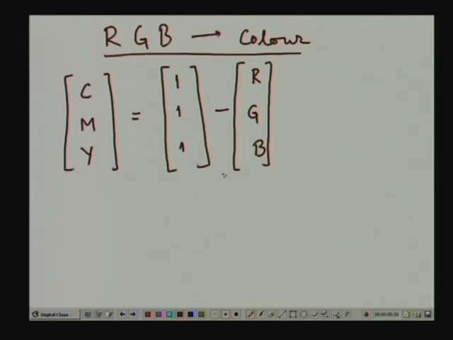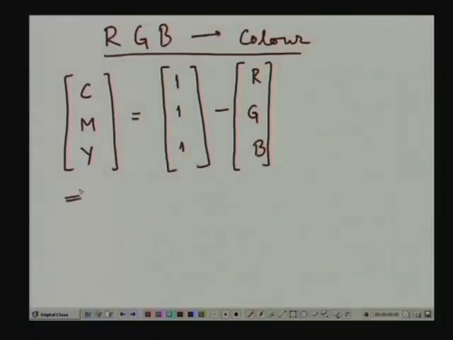As we said earlier, equal amounts of cyan, magenta and yellow should give us black color. So, if we mix these three pigment primaries in equal proportion, we should get black. But in practice what we get is not a pure black, but a muddy black.